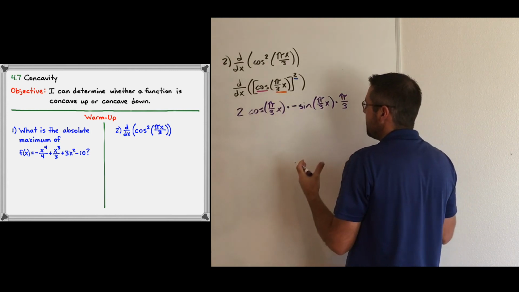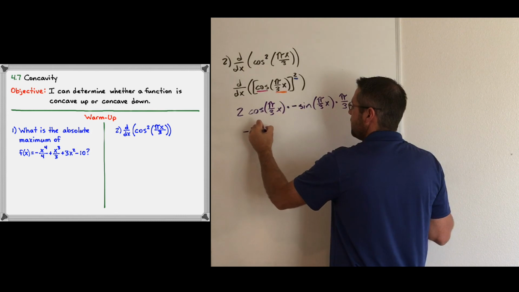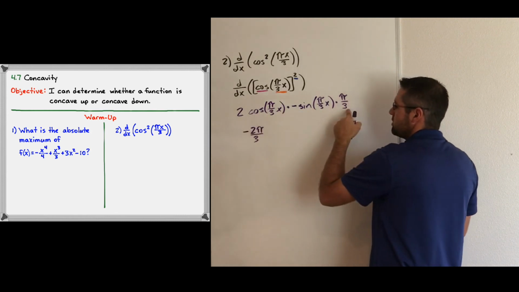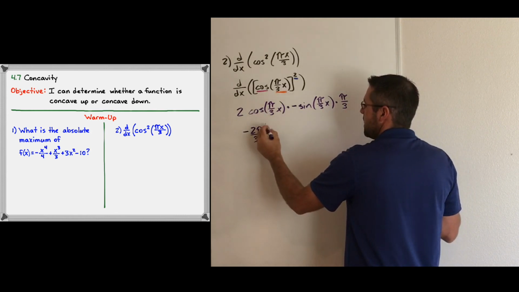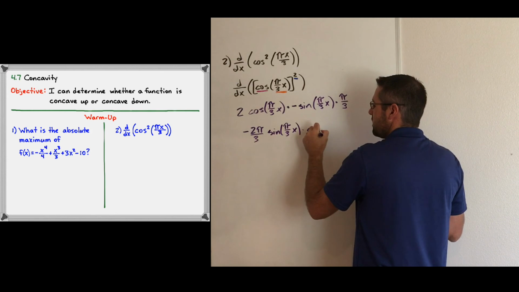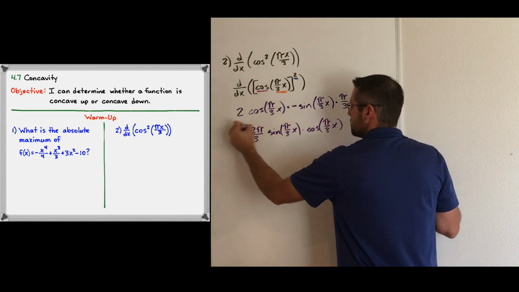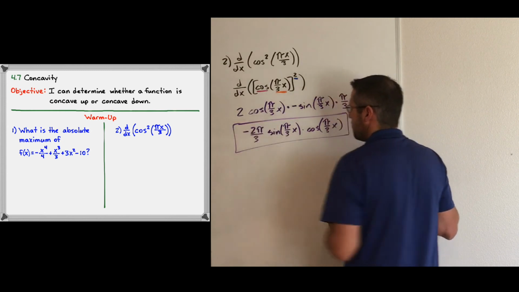And so we can simplify this a little bit by rewriting it to say negative 2 pi over 3, just putting that constant out front, times the sine of pi over 3x times the cosine of pi over 3x. And so that is our derivative of our given function.